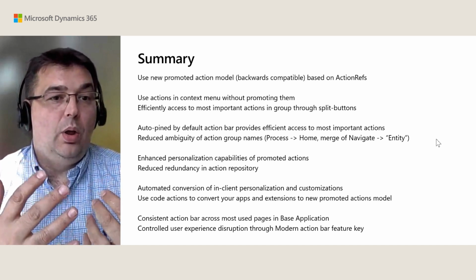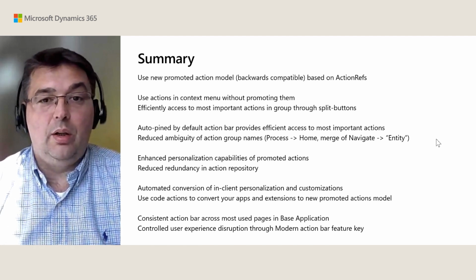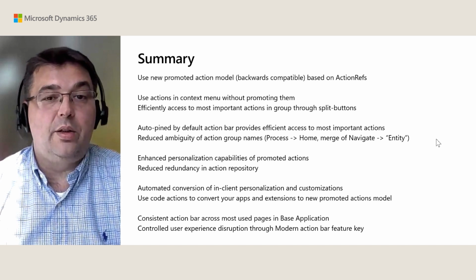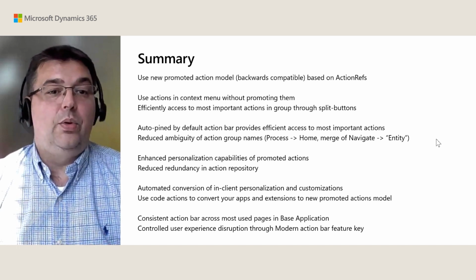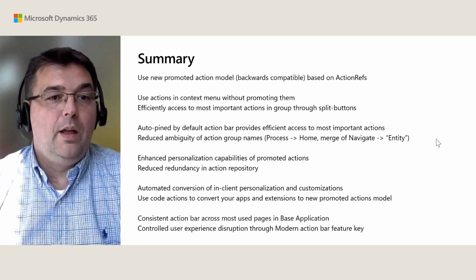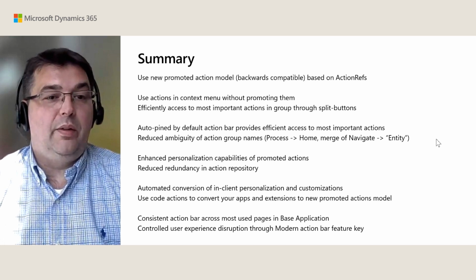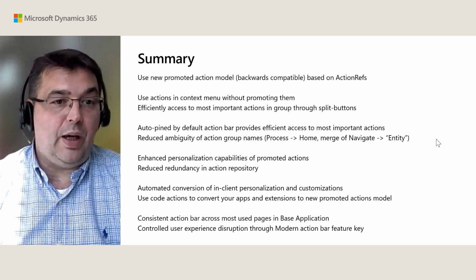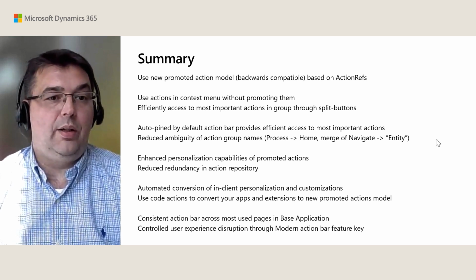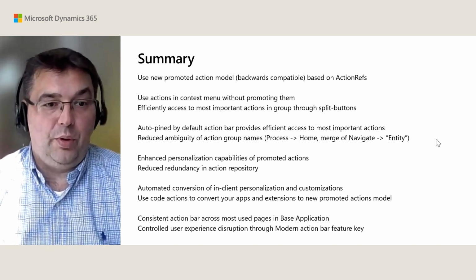You've seen how reduced ambiguity will help users learn things faster and be less confused about the overall action bar experience. I've shown you some of the personalization capabilities that we've added to the action bar, together with the reduced redundancy in the action repository.